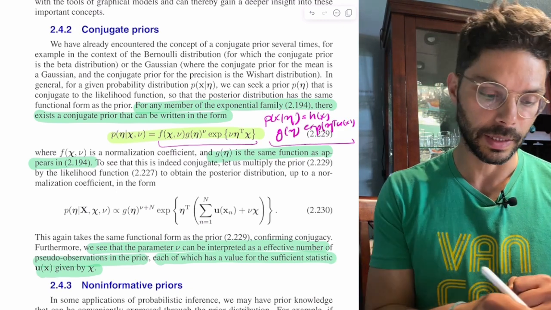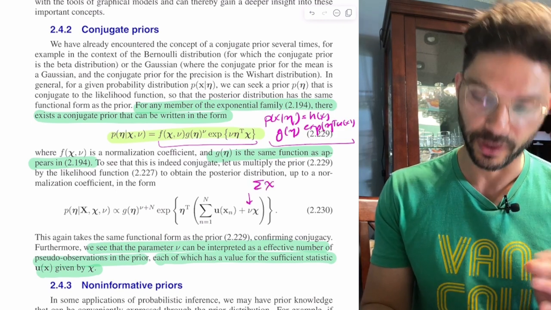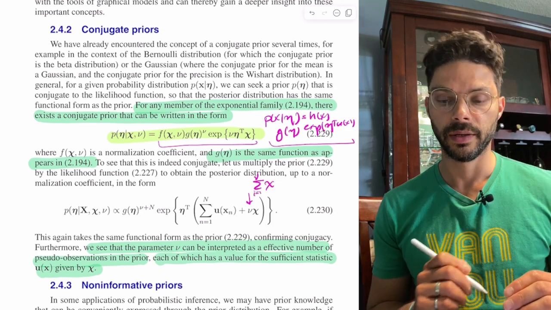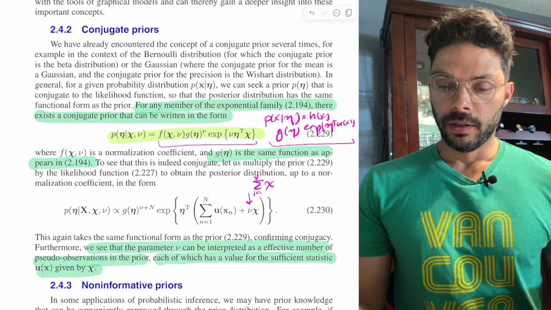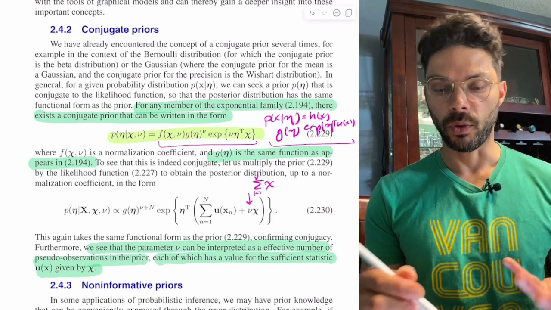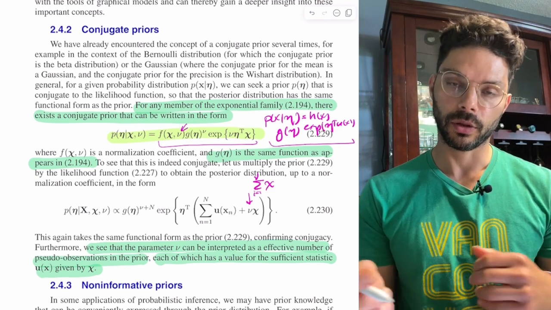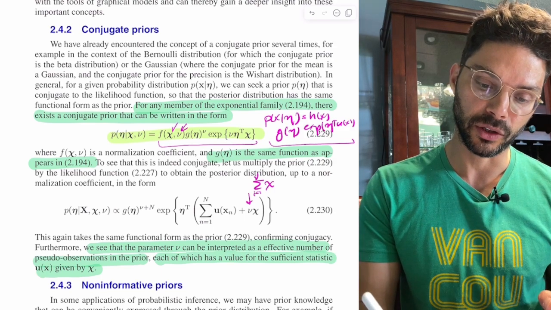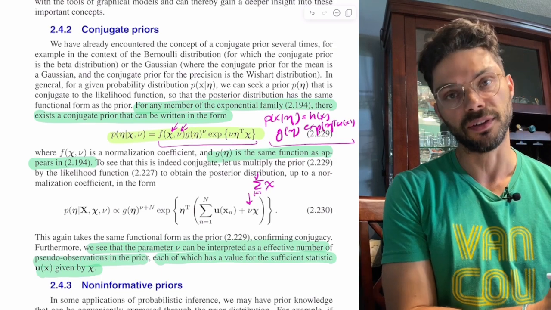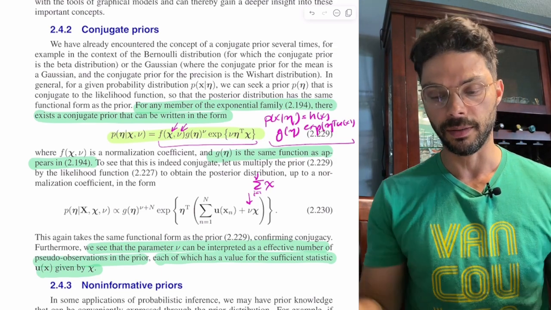That's just saying that this is equal to the sum of chi, where you're summing i equal to 1 to nu, say. So you can use this conjugacy to interpret what these parameters mean. This is your effective number of pseudo observations for your prior, and chi is the corresponding value of the sufficient statistic for each one of those pseudo observations, which you assume has the same value.